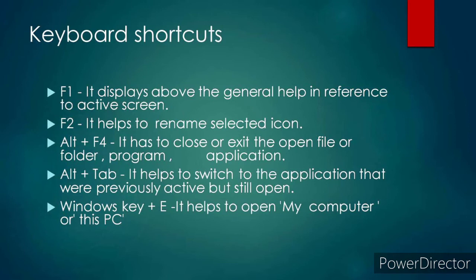Now, combination key Alt plus Tab helps to switch to the application that was previously active but still open. Next combination key is Windows key plus E. It helps to open My Computer or This PC.